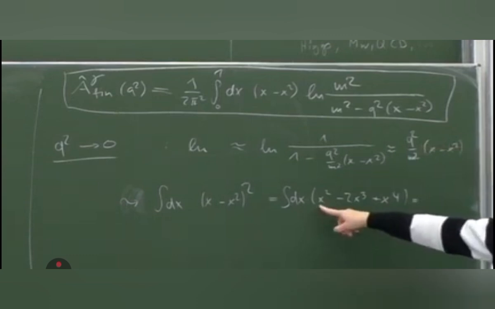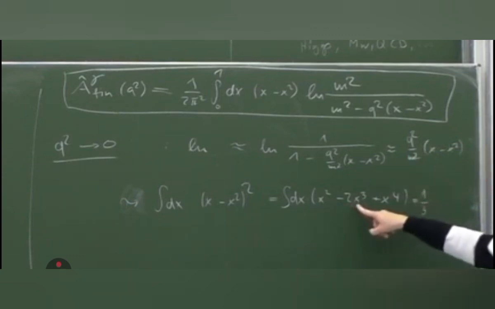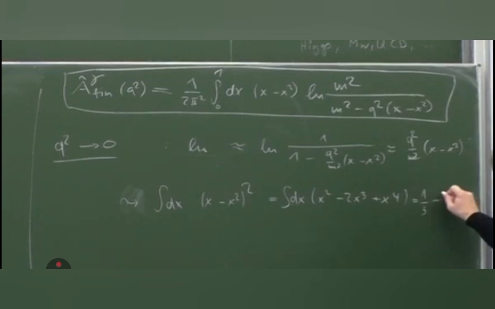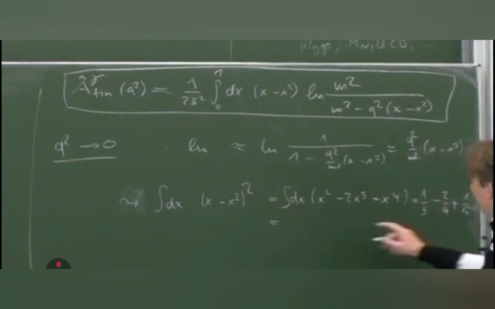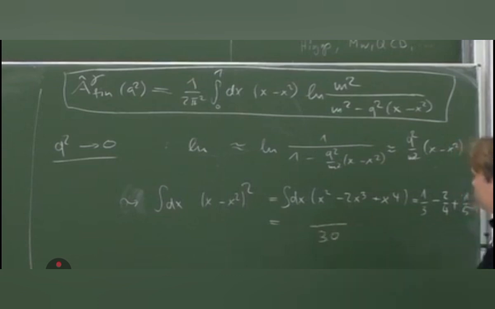The integral of x square is 1 over 3. Integral of x cubed is minus 2 over 4, and x to the 4 gives 1 over 5. So then you have to add those numbers. So the common denominator is 30. So here you have 10 over 30 minus 15 over 30 plus 6 over 30 gives overall 1 over 30.